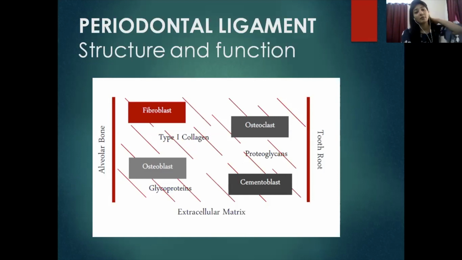So there are cementum forming cells, fiber forming cells, bone forming cells, and bone resorbing cells. Type 1 collagen is present, the proteoglycans for transmission, and the glycoproteins also. This is all about the extracellular matrix that is between the tooth and the bone.